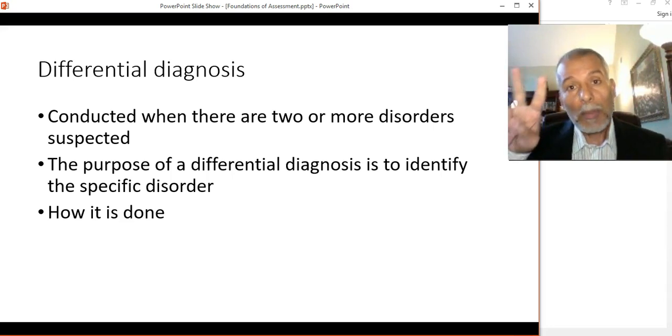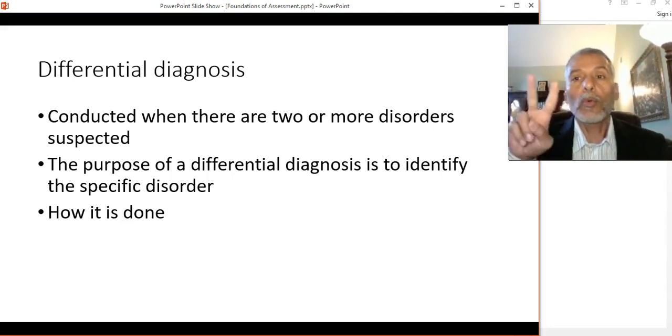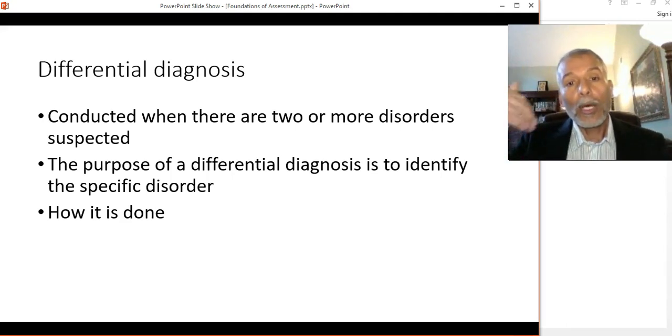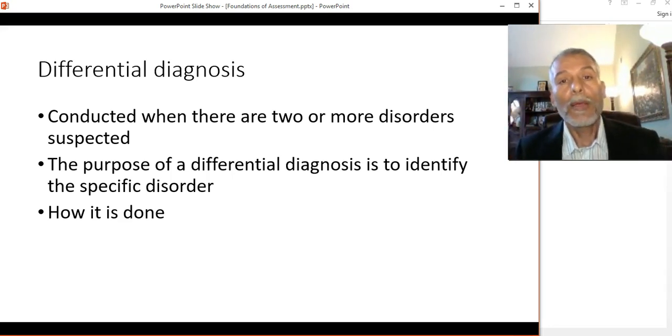You have two suspected disorders now, and you want to explore each one of them and then exclude the one that is not there, or confirm that both of them may exist.